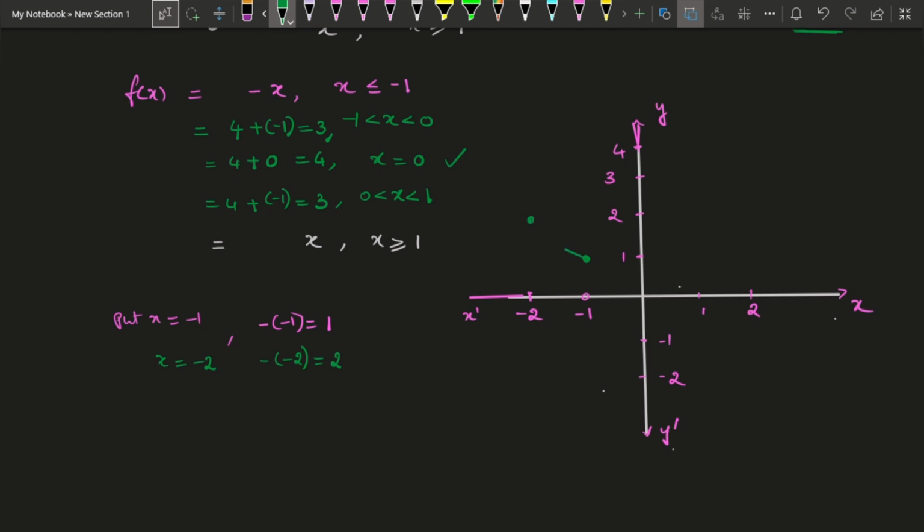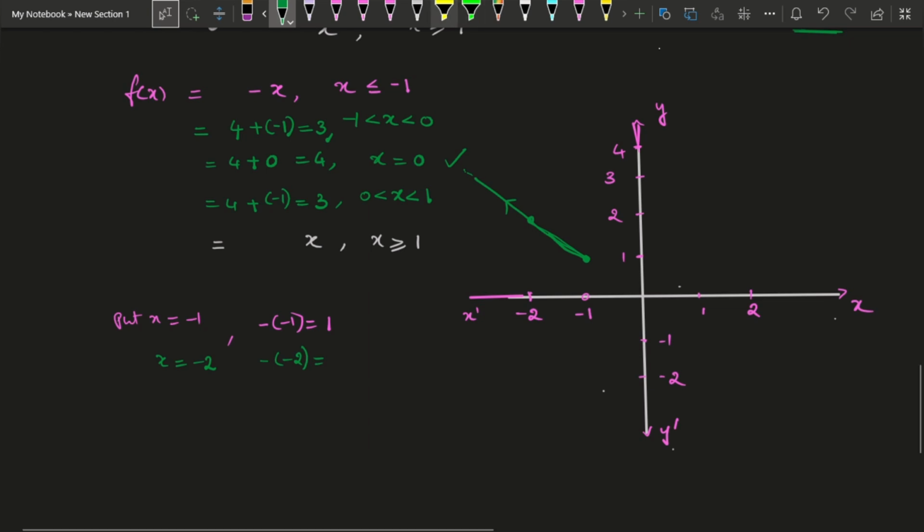Now this graph looks like this. This is the graph of minus x; whenever x is less than or equal to minus 1, it goes like this.